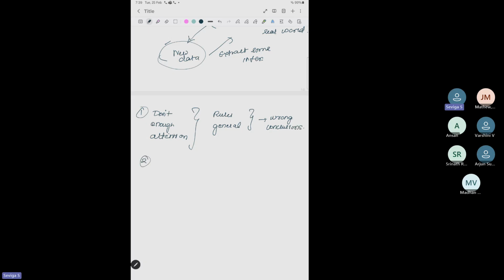On the other hand, if you pay too much attention, our rules will be very specific. Then again, it can lead to wrong conclusions. So not giving enough attention and learning general rules is called underfitting. Paying too much attention and learning specific rules is called overfitting.